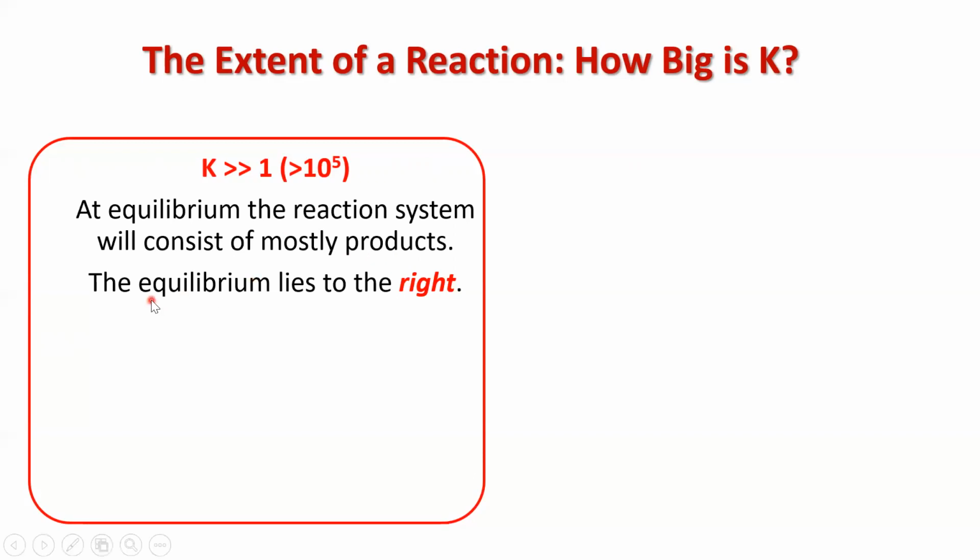We would say that the equilibrium lies to the right, or it lies towards the product side. Essentially, if the K value is super big, it means the reaction almost goes to completion.